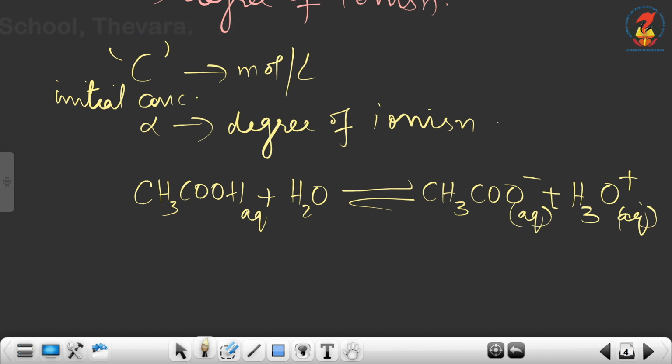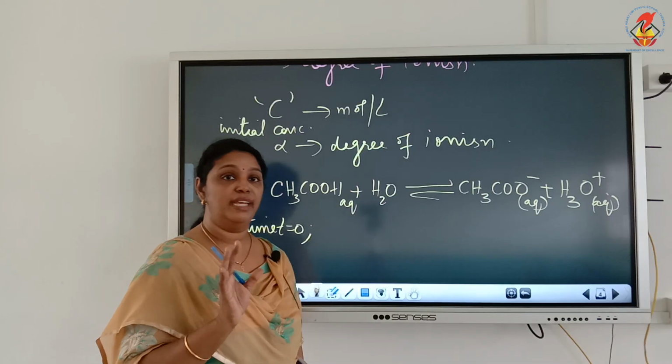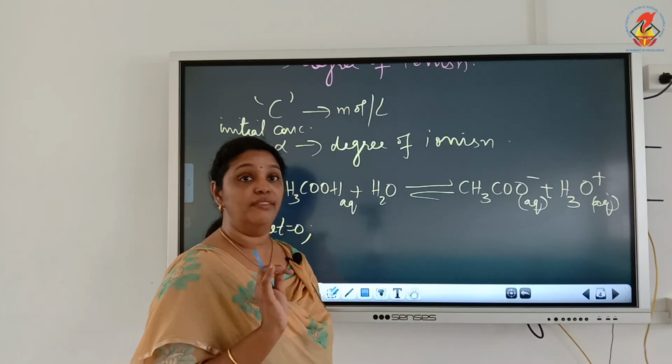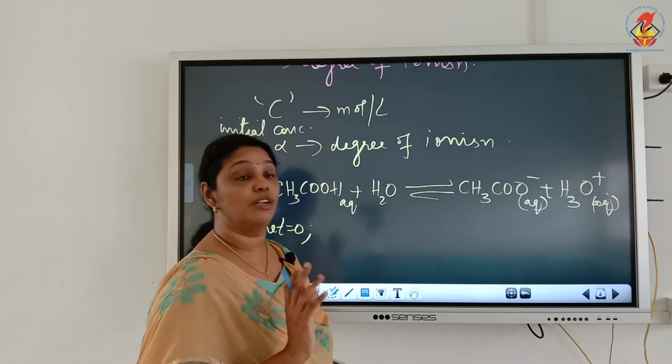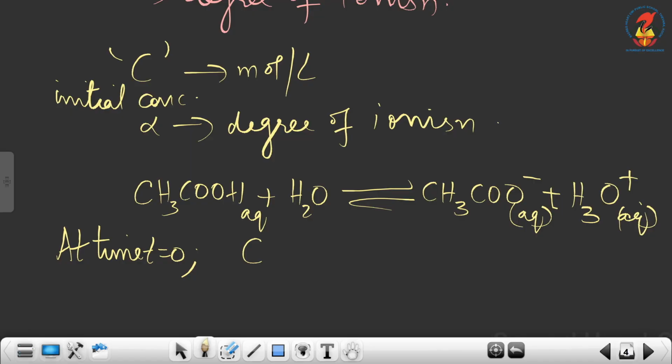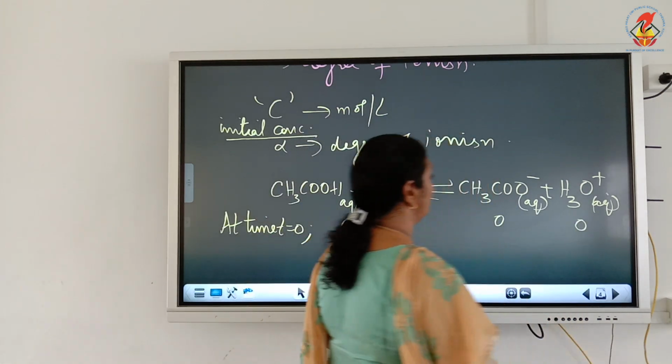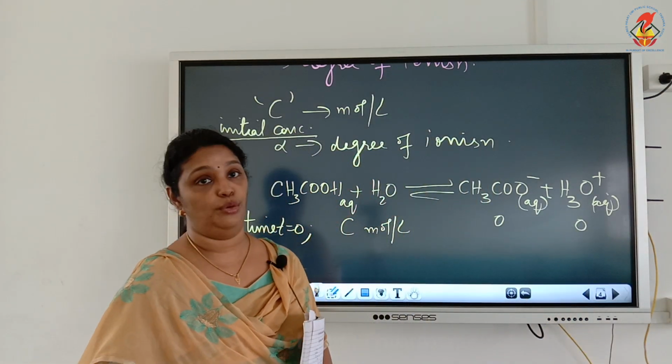Now we know that at time t equal to 0, we have only acetic acid, meaning the reaction has not started. So initially we have only acetic acid, whose concentration is C mole per liter, because we have taken the initial concentration of the acid as capital C. And since the reaction has not started, the concentration of the product formed is 0.